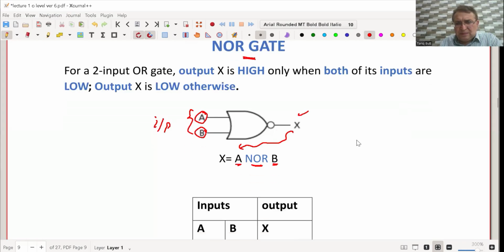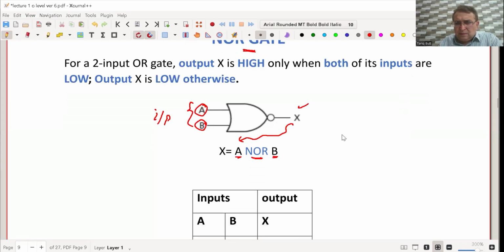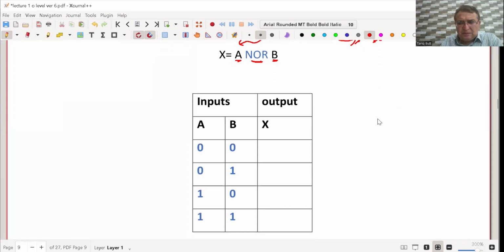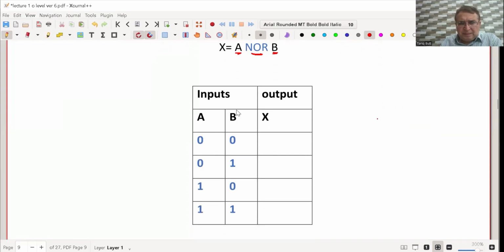Let's see its truth table. NOR gate is considered as an OR gate followed by a NOT gate. Fine. So it means to build its truth table, let's say two inputs A and B. So four possible input combinations 0, 0, 0, 1, 1, 0, and 1, 1.